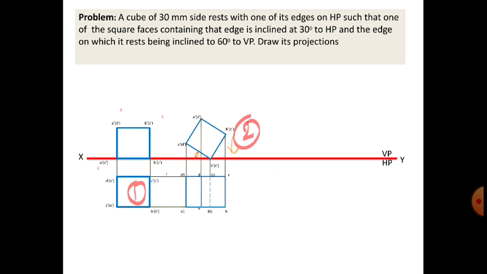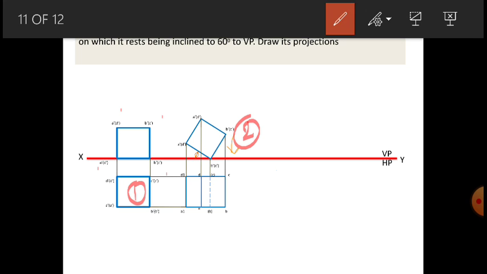Why is the object looking larger than the original cube? Because we have tilted the object, so we will be able to see this edge and this edge, and the dotted edge is the bottom edge, so we will not be able to see that edge from the top, because we are seeing the top view here.